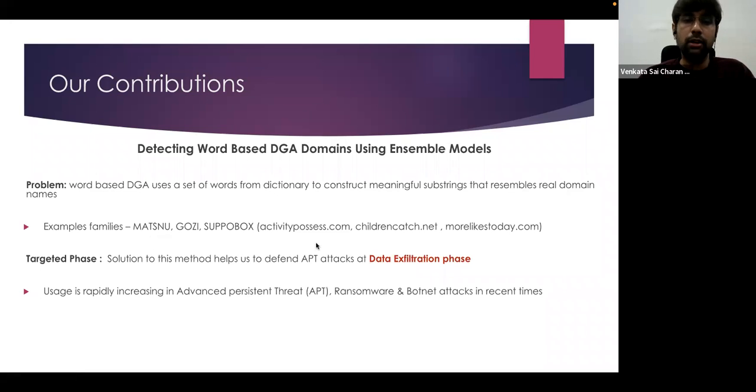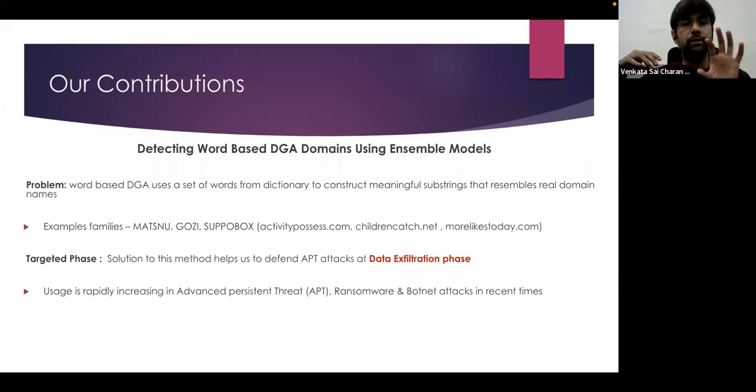These are called word-based domain generation algorithms, generated by running an algorithm. The algorithm fetches two keywords from the dictionary and appends them to make a website, which is registered by the attackers from the outside.